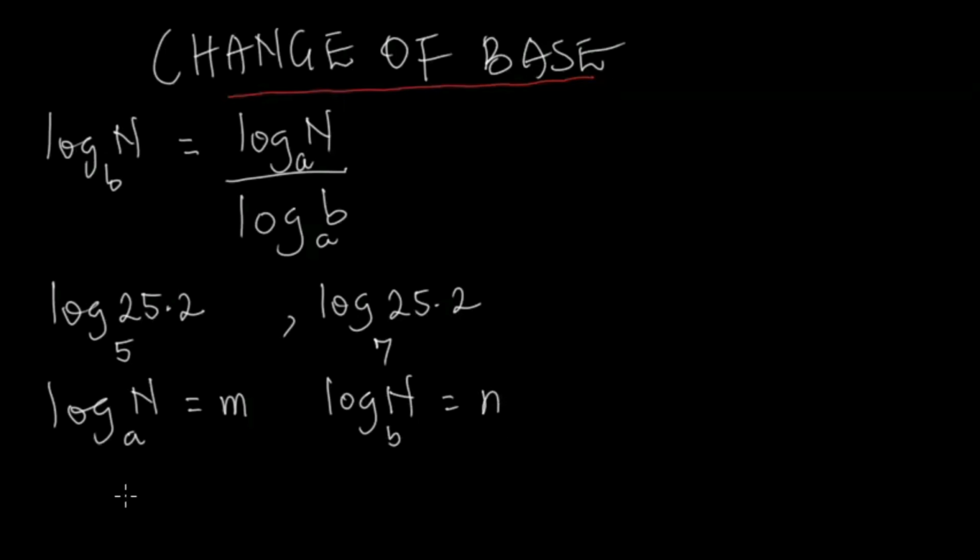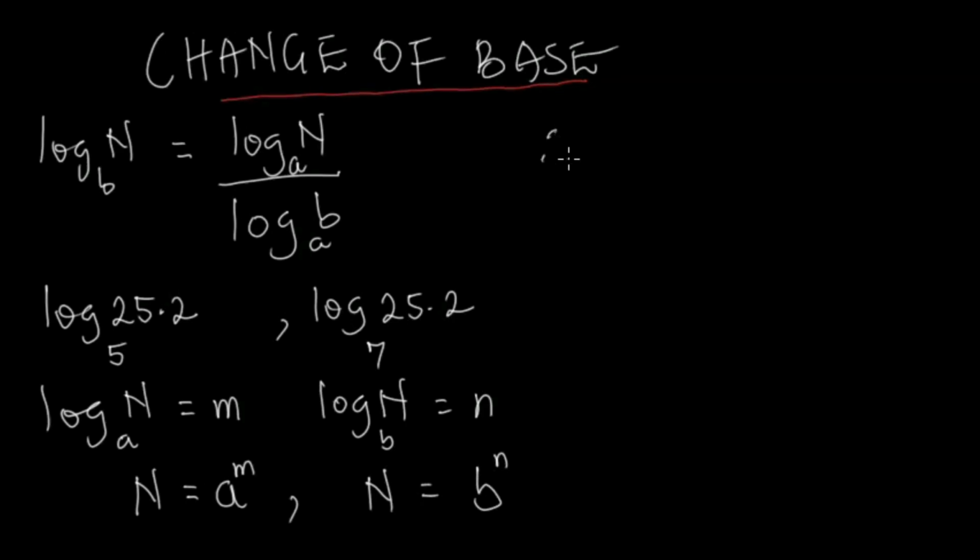From one of the laws of logarithm, n will be equal to a to the power of m, and n will also be equal to b to the power of n. Therefore, a to the power of m will be equal to b to the power of n.